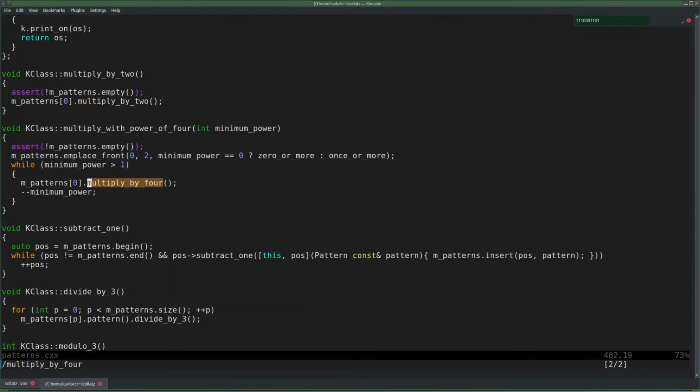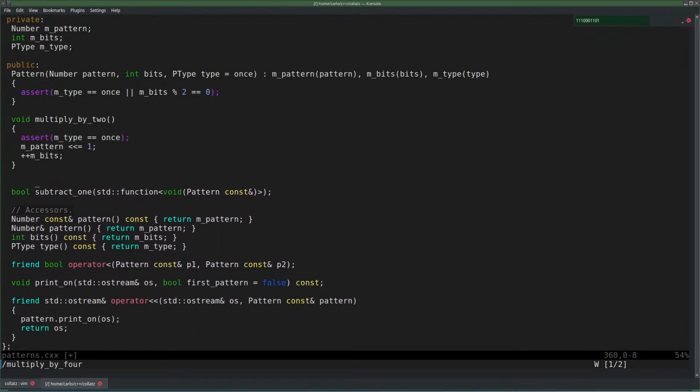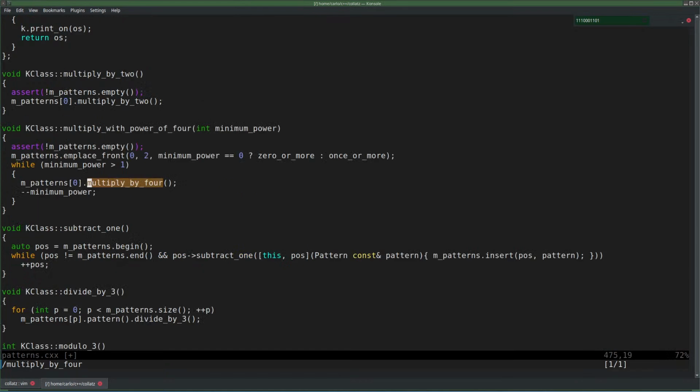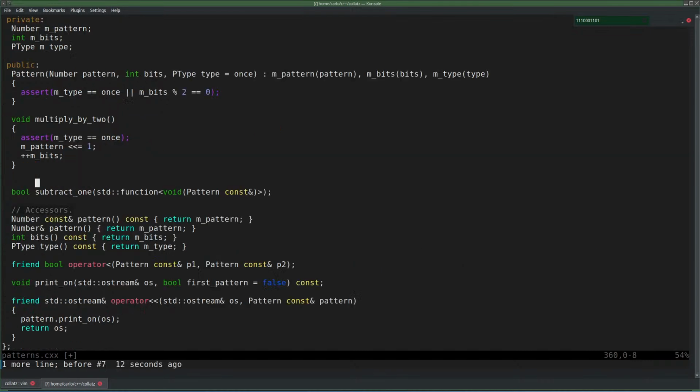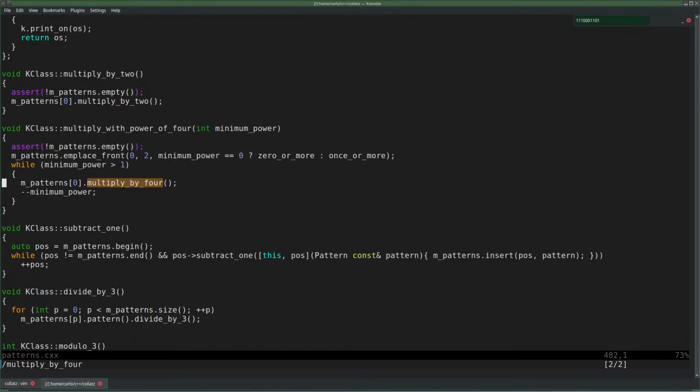Pattern multiply by 4. It's only done here. No, cannot do that. Don't need it anymore. I just need to insert, sorry, actually I have to keep it. In the end I'm not going to need it though.